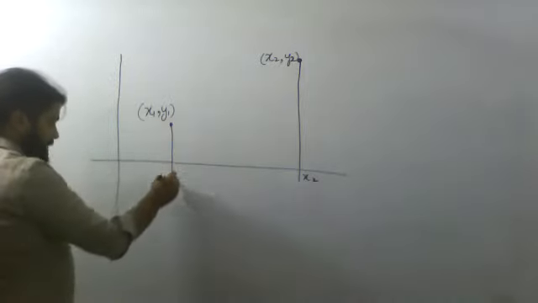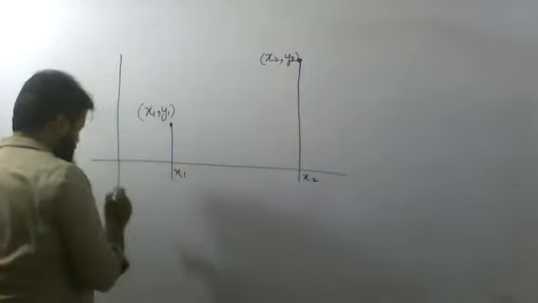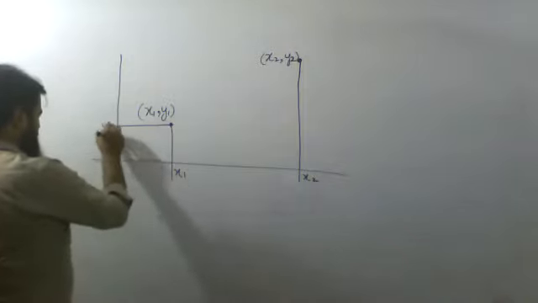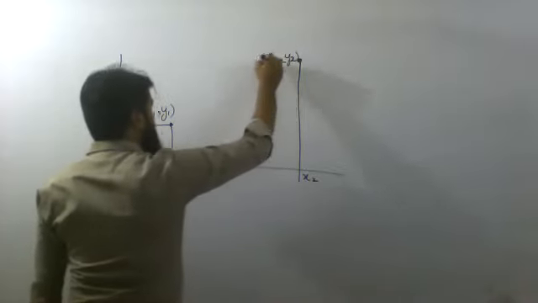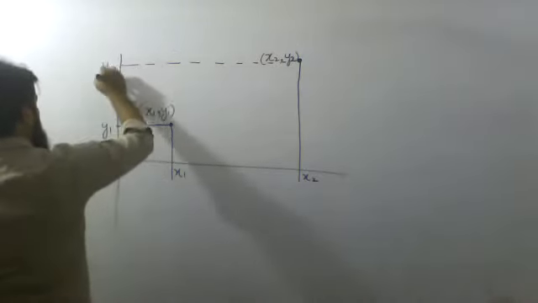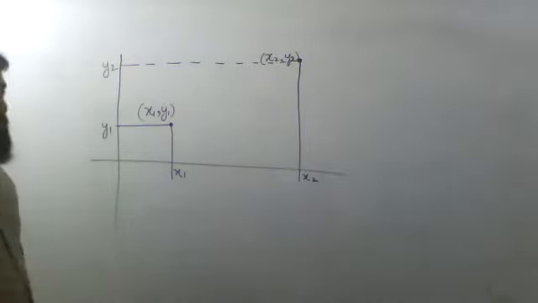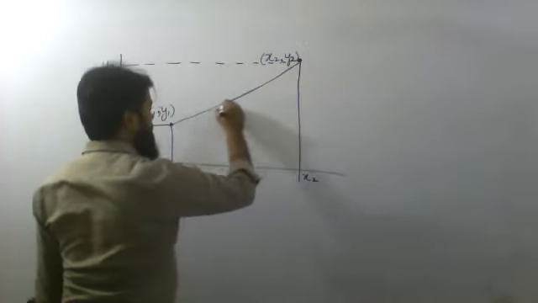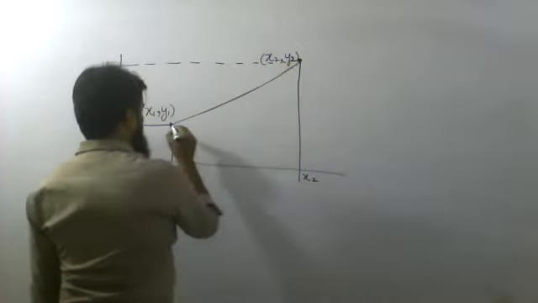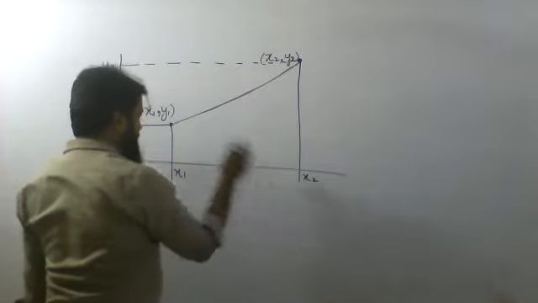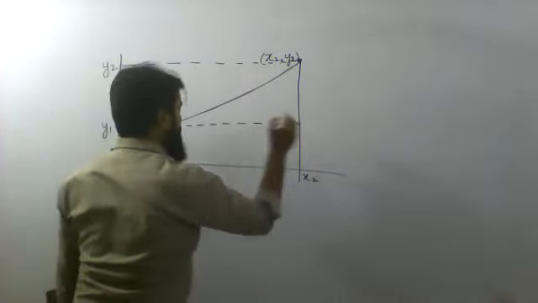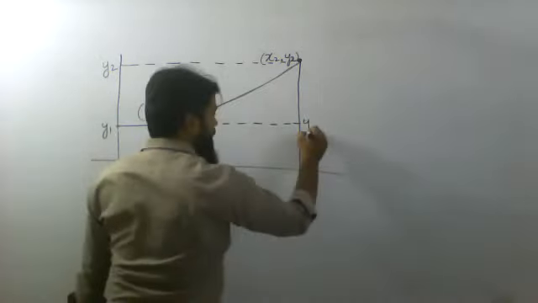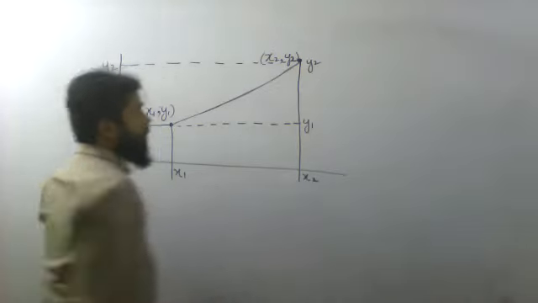Then I will drop it on this one, x1, y1, y2. I have to find this distance. Okay. And x1 to x2, this is also x1 to x2. y1 to y2, this is also y1 to y2.